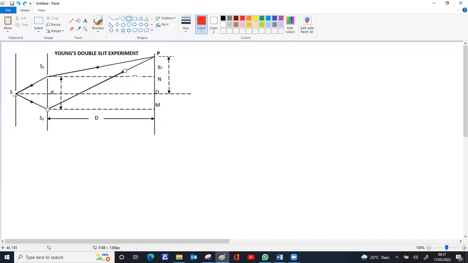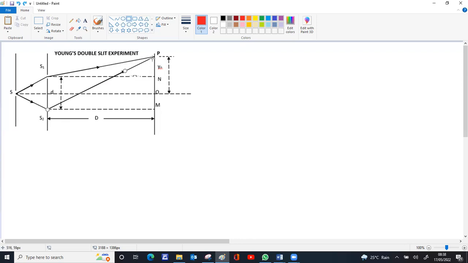So the total path SS1O and SS2O is equal, and the path difference will be 0. So they satisfy the condition for constructive superposition and form a bright band at O.